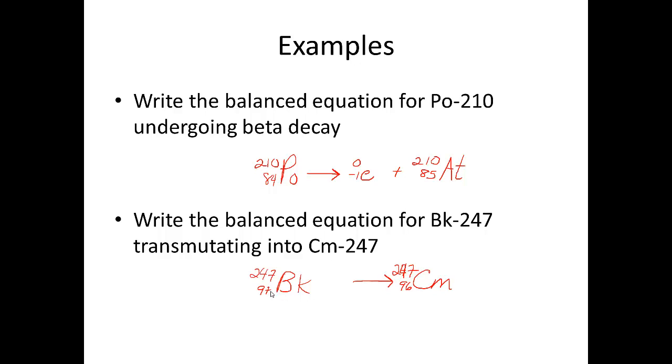And that's not happening. So what am I doing? I'm seeing this decrease. So okay, how did that happen? If I add an electron on this side, so 247 plus 0 is 247. 97 plus a negative 1 is how I get my 96. So this was by electron capture.